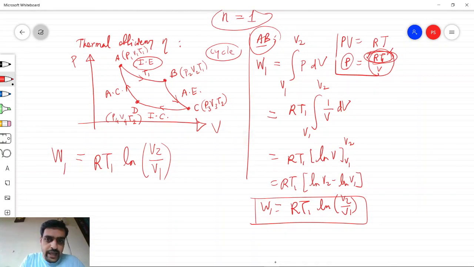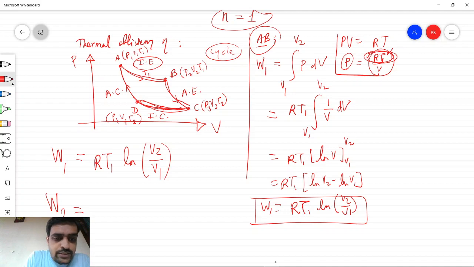Now, just by analogy, we can write an expression for W3 because W3 belongs to process CD. Since this is W1, W2, W3 and W4. W3 is a process which is isothermal compression.